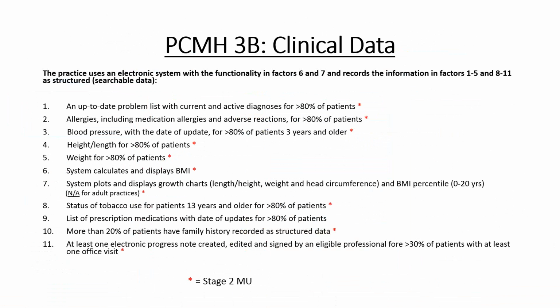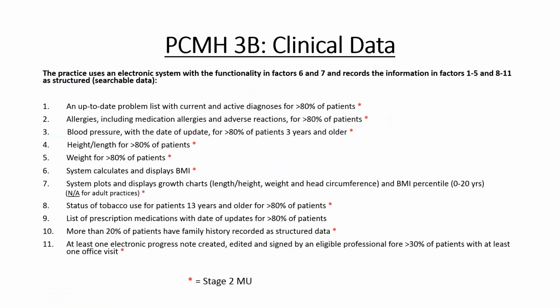Looking at factors 3 through 5, this is an area where this could be one document. Your vitals can show these 3 different factors in just one report if you meet them for the more than 80%. I think the rest of these are pretty straightforward and self-explanatory.